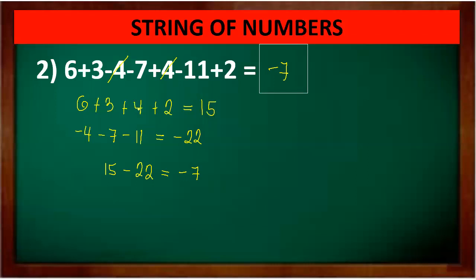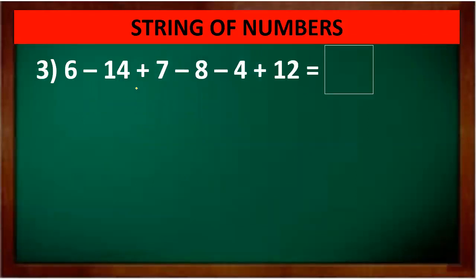So next, we have another example for this, adding and subtracting string of numbers. Mabilis lang, di ba? Simple lang. Okay, so next is we have positive 6 plus 7 and plus 12. So when you add this, 6 plus 7, that will give you 13. Then 13 plus 12, that is equals to 25. Then we have negative 14 or minus 14 minus 8 minus 4.